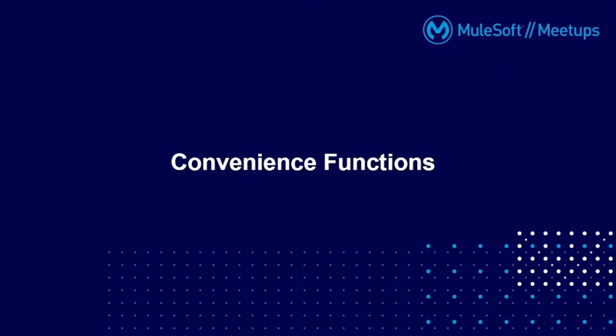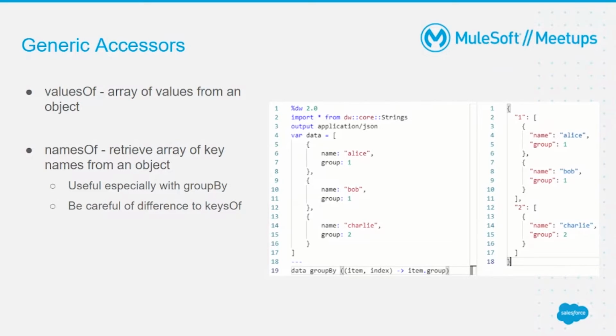The second category of things that I want to talk about are some convenience functions that were added over the last couple updates. First ones are some generic accessors, valuesOf and namesOf. What these do is look at an object, which at its core is a set of key value pairs.